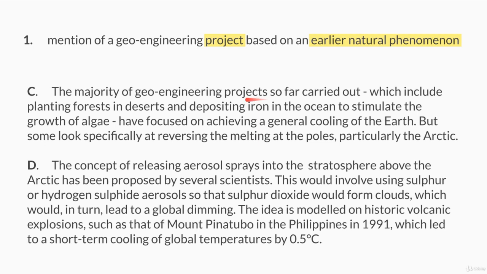Okay, here I see projects. So maybe our information is in this paragraph. I also want to look for earlier natural phenomenon. Remember, we are looking for very specific information. I don't see anything here about earlier natural phenomenon. So let's move on to paragraph D.